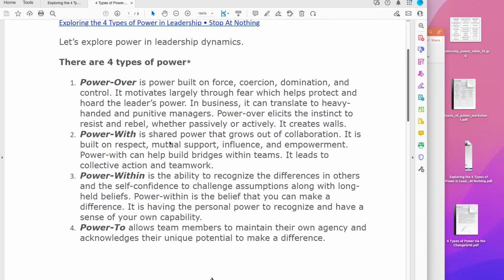So not the PowerPoint on the whole change grid, but just the PowerPoint on the driver quadrant, which would be coordinates 9, 9. So when I'm there, am I able to recognize the differences in others, have the self-confidence to challenge assumptions with long-held beliefs, the belief that we can make a difference, having the personal power to recognize and have a sense of your own capability?